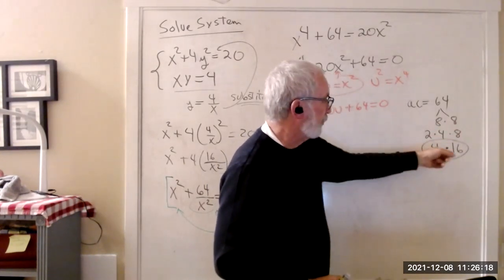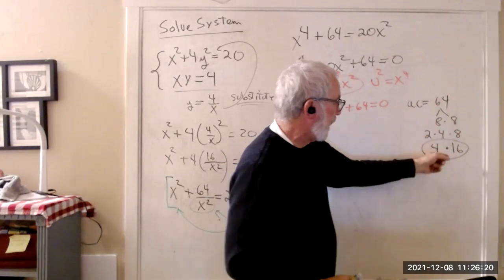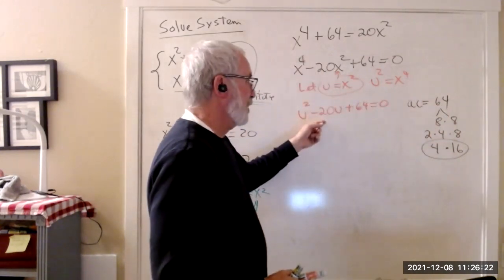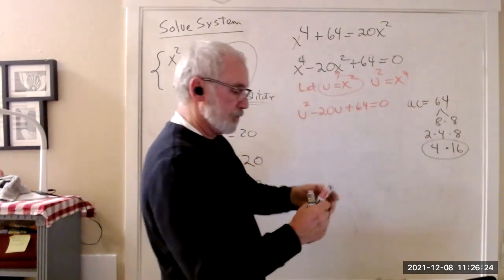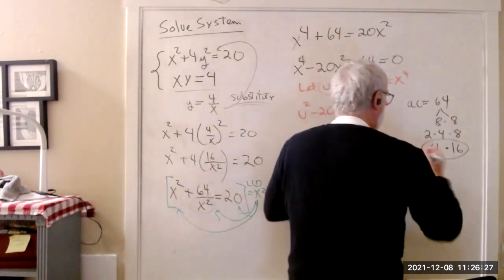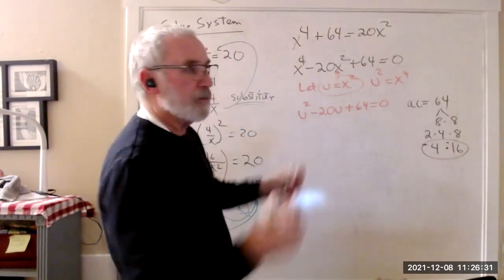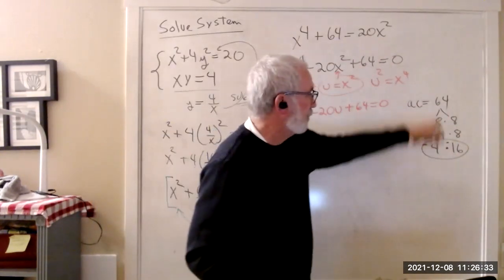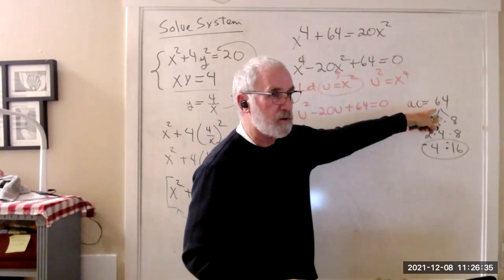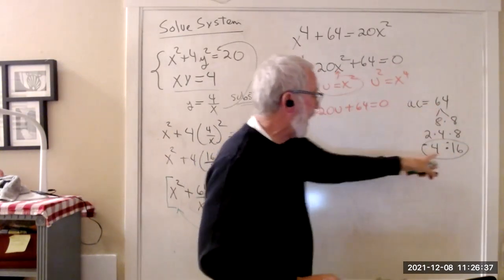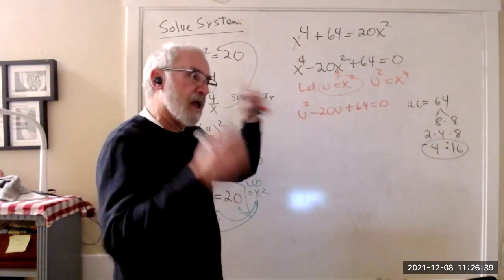I know 4 times 16 is 64, and I know 4 plus 16 is 20. Whoops, got to be -4 and -16. Now they multiply to make positive 64, and they add to make -20.